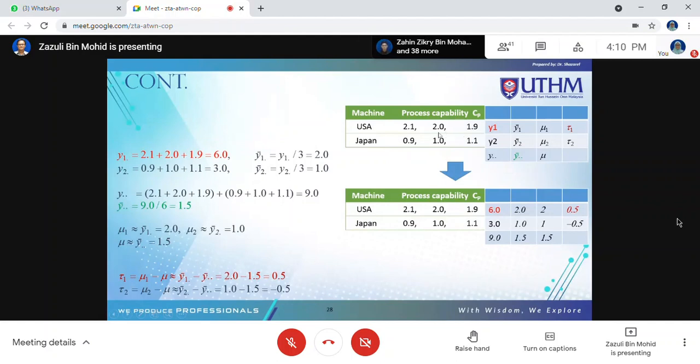So you get 2. This value, you substitute it in all of these boxes. So for y1 you have 6.0, y bar 1 you have the average value which is 2.0, and mu2 is 2.